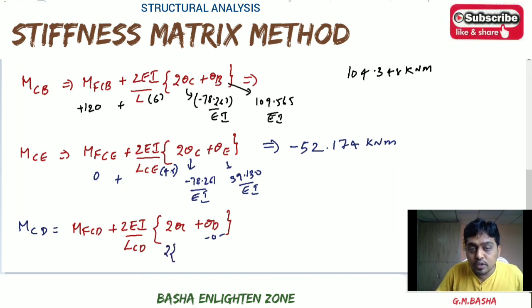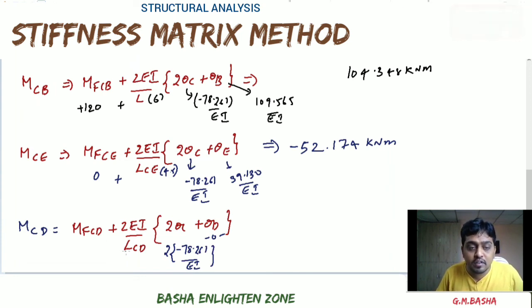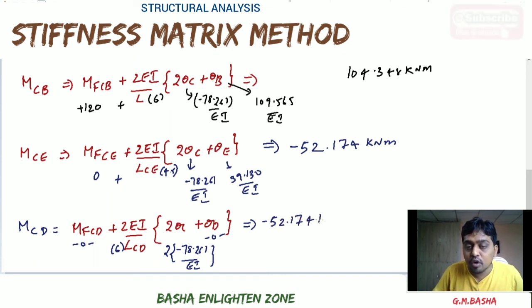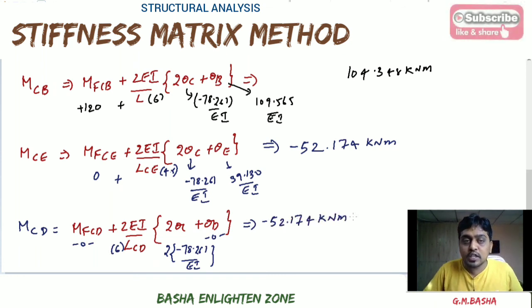Here also 2 into this value, that is minus 78.261 by EI. So I am just giving the values, you please substitute all the values. Length of the span CD will be 6 meters and fixed moment CD will be 0. Again, what is the final value? If you simplify this one, minus 52.174 kilonewton meter.